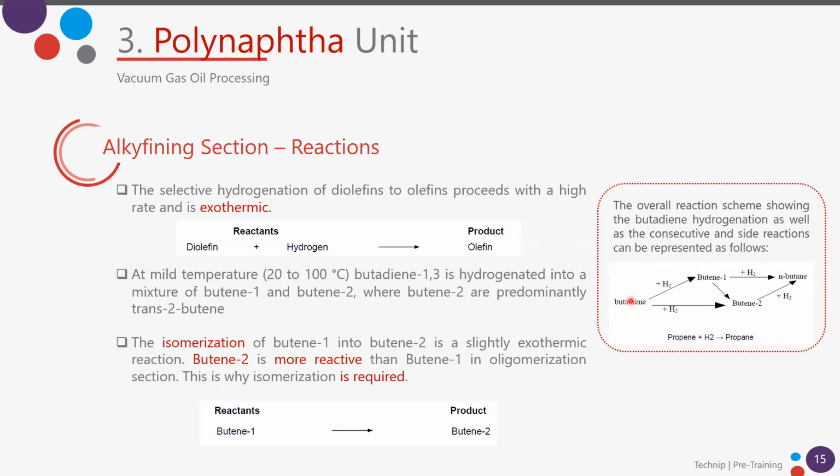Remember, the main objective is to reduce the amount of butadiene, because this is a poison for our next catalyst in the oligomerization reaction. How will we reduce it? With a proper catalyst, of course, that will have this selective hydrogenation of these diolefins.